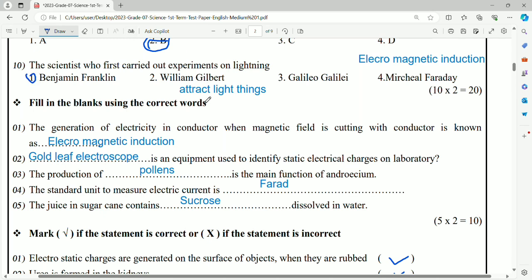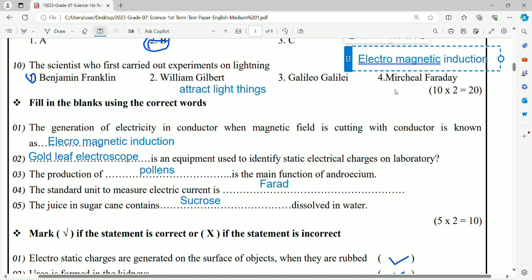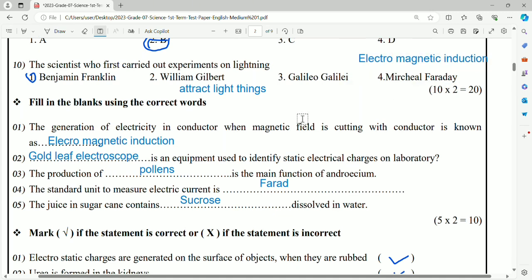William Gilbert said that small, light things are attracted by a charged object. And Michael Faraday explained electromagnetic induction. Electromagnetic induction was explained by Michael Faraday.